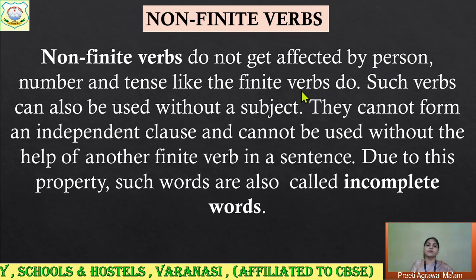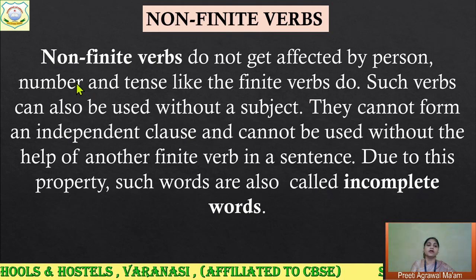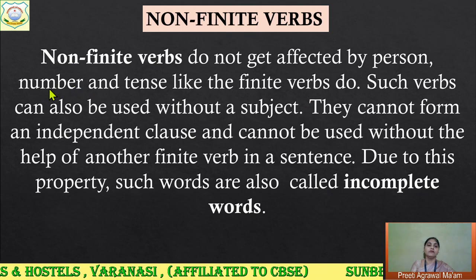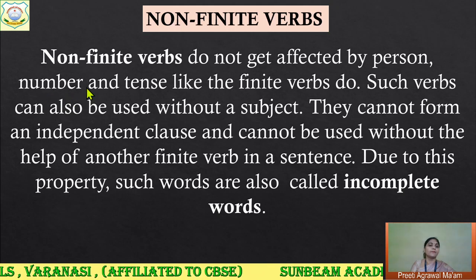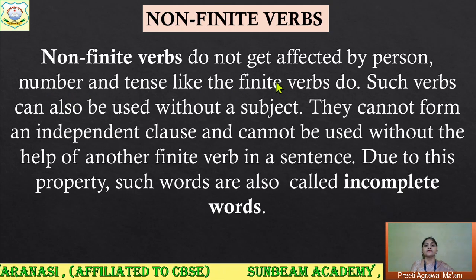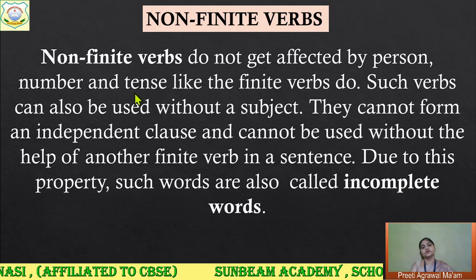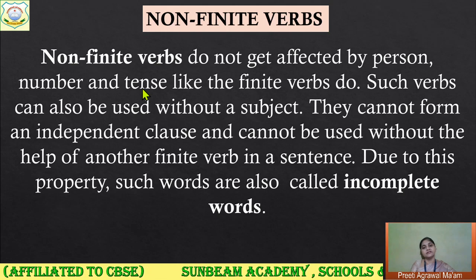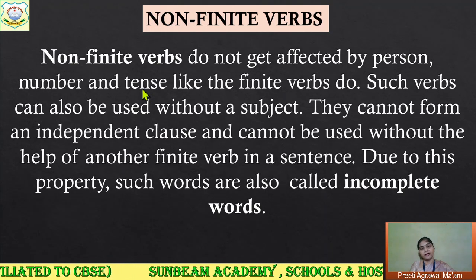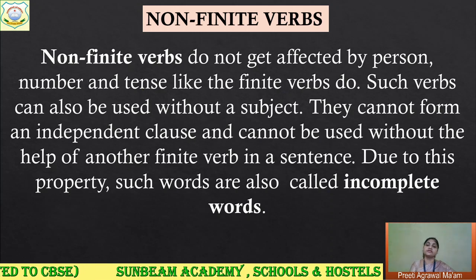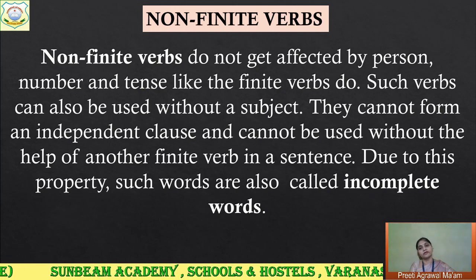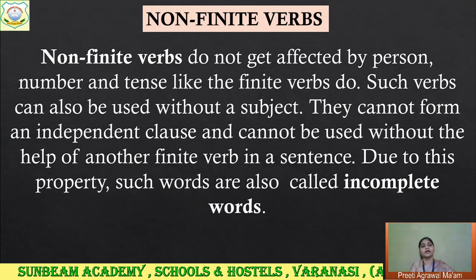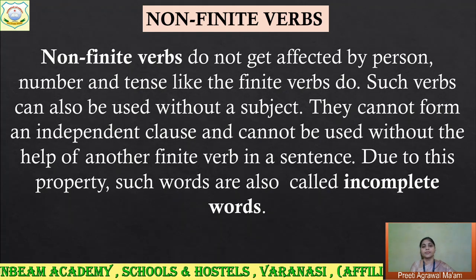Finite verbs are affected by the number also, singular number, any other verb form, plural number, any other verb form. And finite verbs are affected by the tense also. In present tense, we use a different finite verb. In past tense, we use different finite verbs. Have you understood what non-finite verbs are? Which are not affected by person, number and tense.